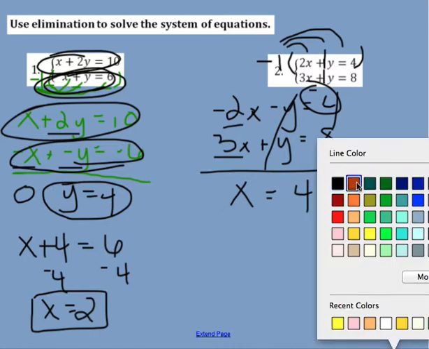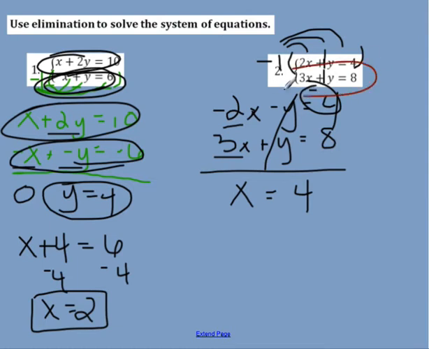Now I can go and solve for y. I'm just going to choose this one just for something different. So we have 3x, and now instead of writing y, I'm going to write 4 is equal to 8. Okay? So 3x plus 4 is equal to 8.